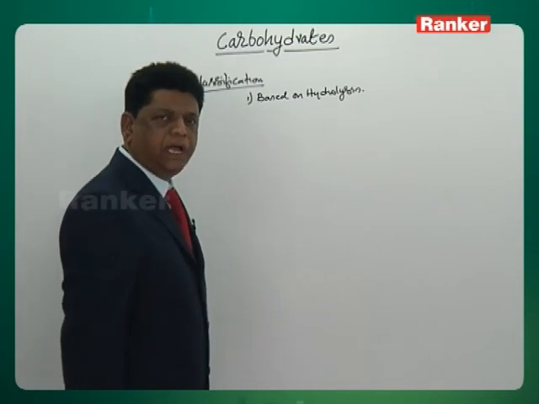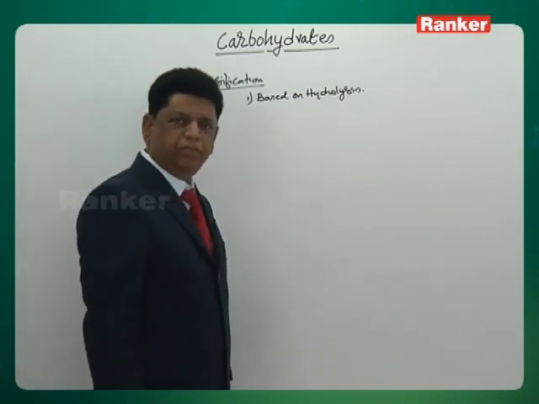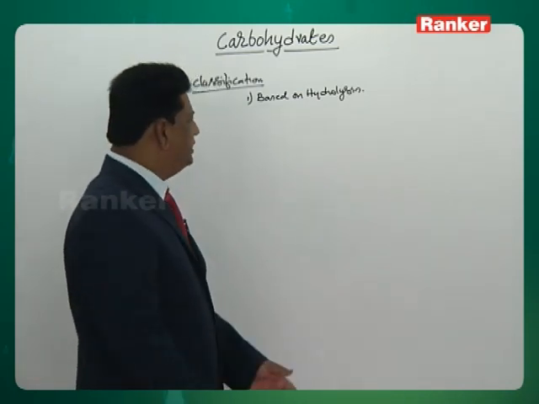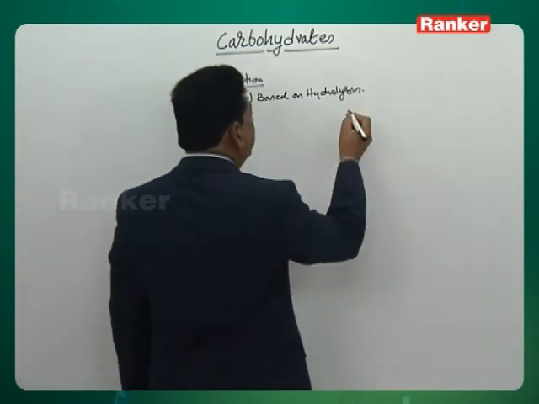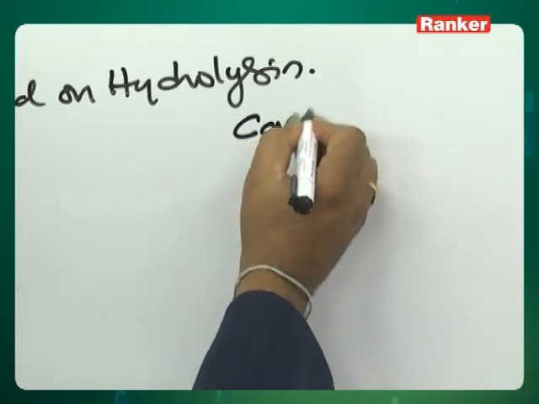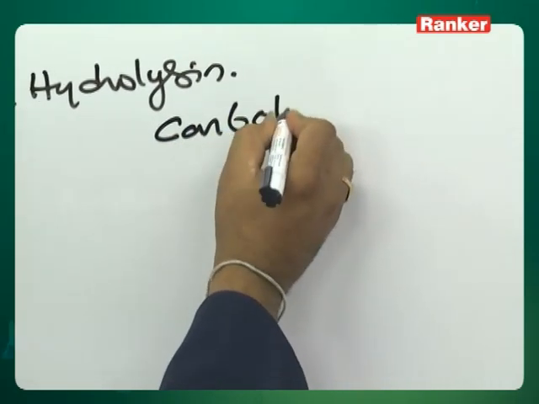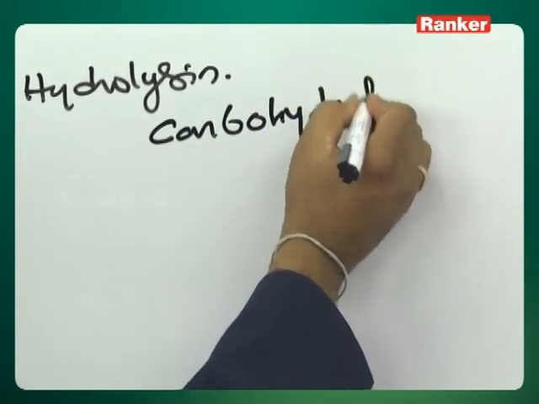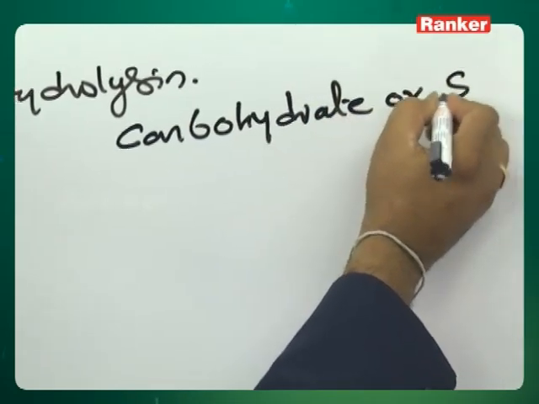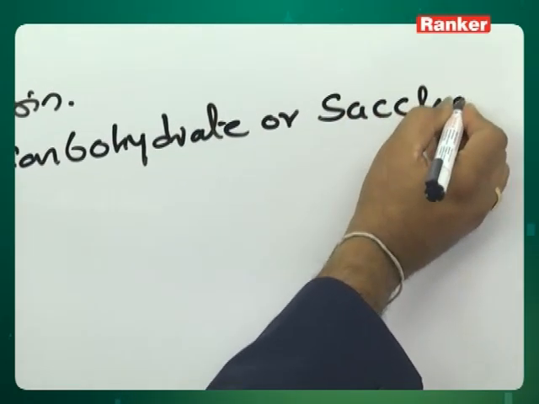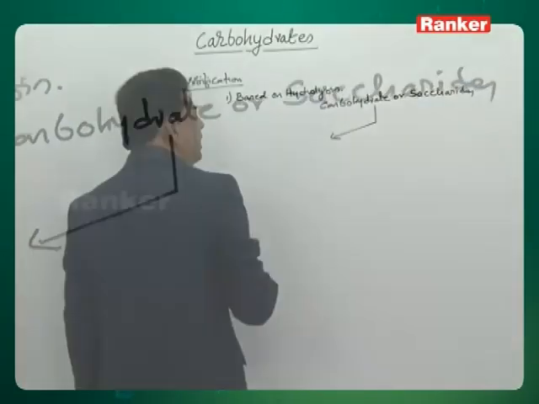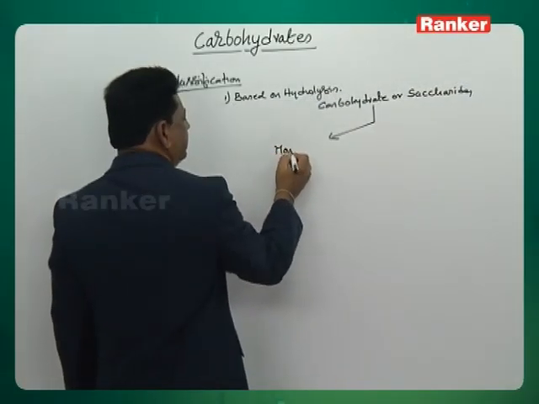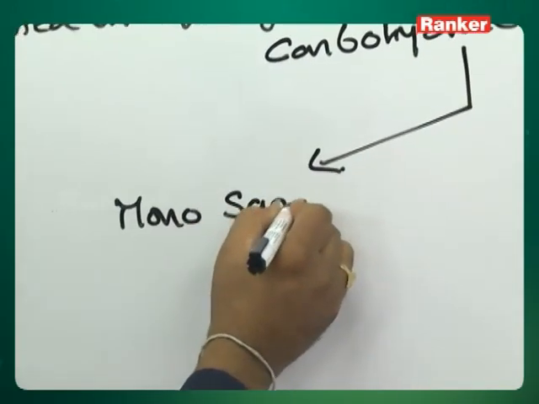The compound which on hydrolysis does not break or hydrolyze into further pieces is called a monosaccharide. Carbohydrates are also referred to as saccharides. The first base is called monosaccharides.